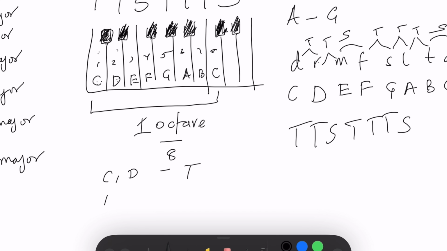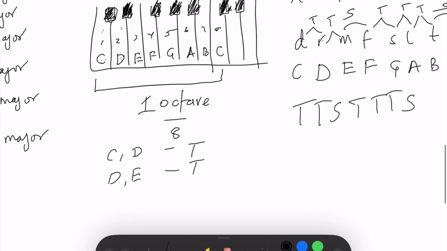The distance between D and E is another tone, because here you have another black key between D and E. But notice how there is no black key between E and F. Because there is no black key in there, the distance is a semitone.